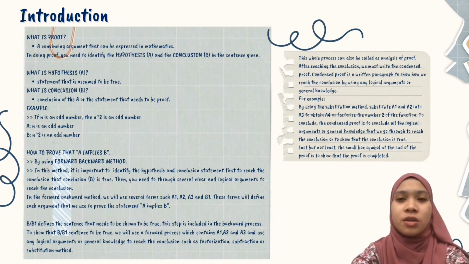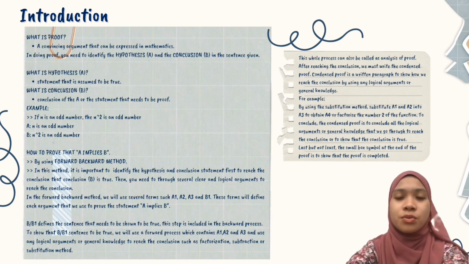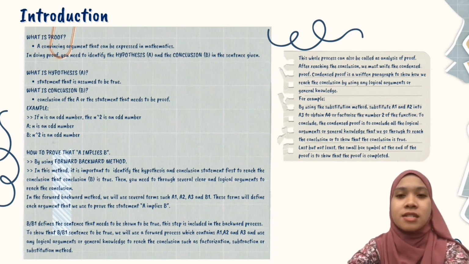To conclude, the condensed proof is to conclude all the logical arguments or general knowledge that we go through to reach the conclusion or to show that the conclusion is true. Last but not least, the small box at the end of the proof is to show that the proof is completed.